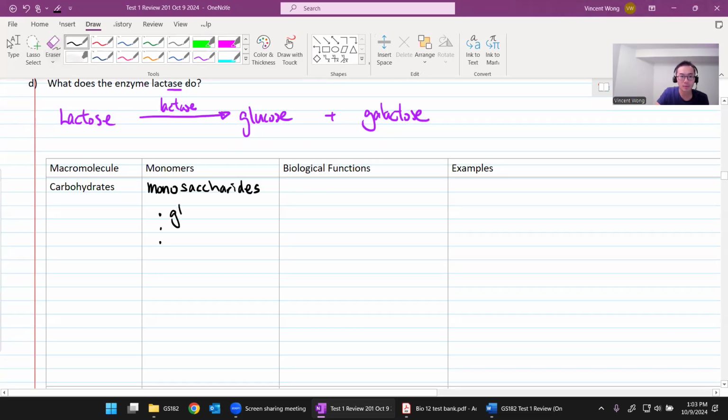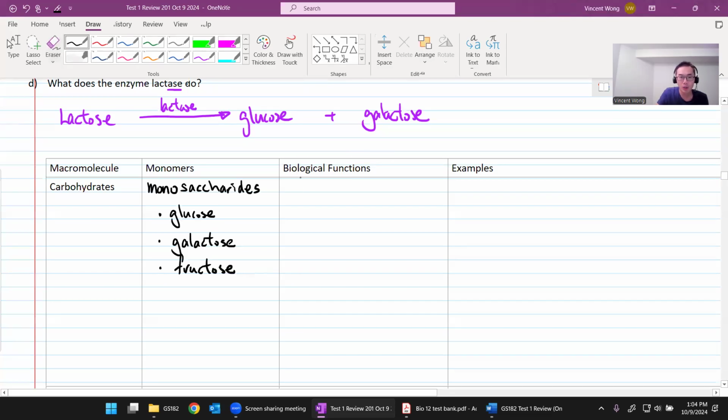Like glucose, galactose. And what's the last one? Starts with an F. Fructose. That's the one, fructose. And of course, they can combine together to form different kinds of disaccharides.